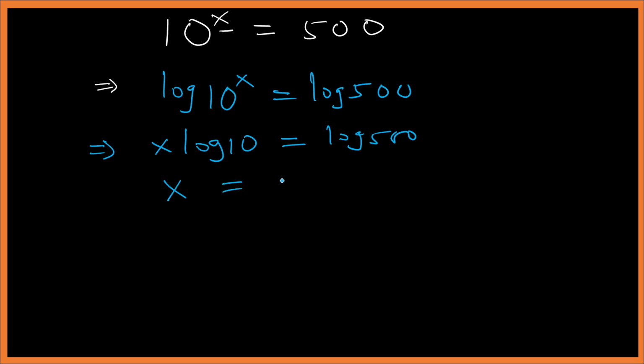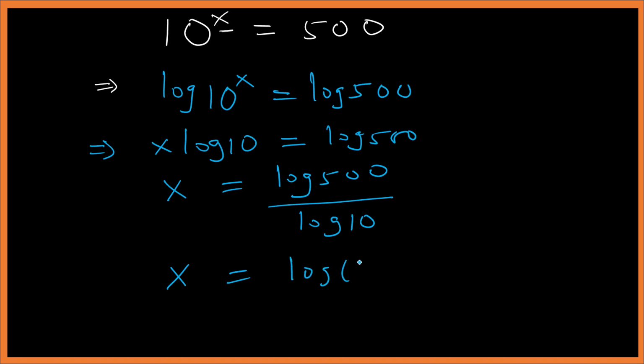So we have x equals log 500 over log 10. Now 500 is the same as 50 times 10, so we have log of 50 times 10 over log 10.